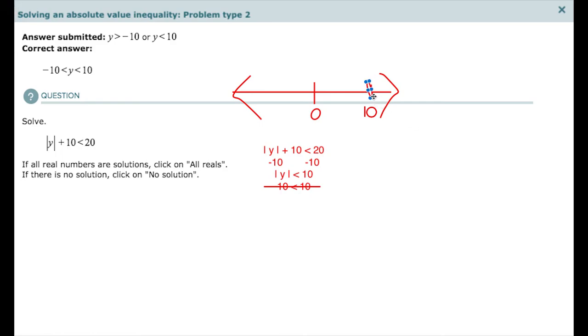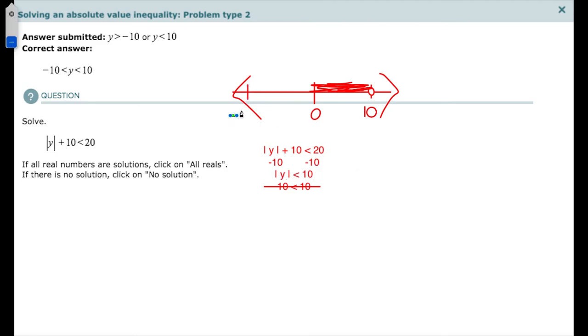All right, so we have an open point at 10, and then y is less than 10. So that means everything that's closer to 0, because all these numbers are less than 10. But there's another answer too, right? Because since this is the absolute value, it could also be things that are greater than negative 10.